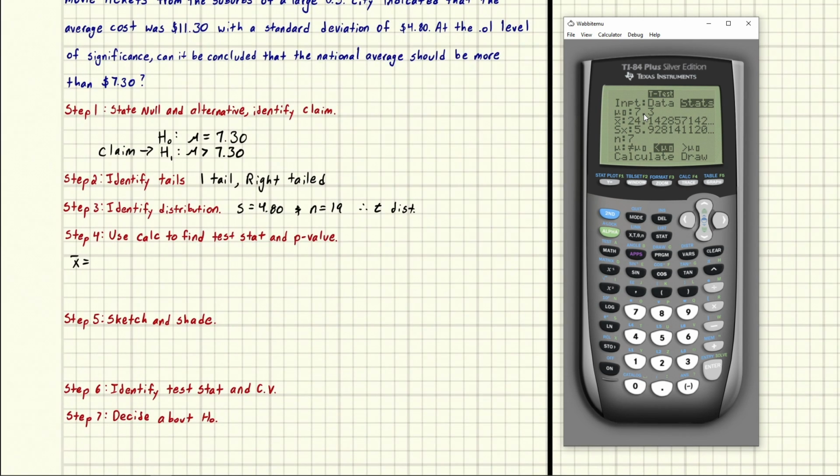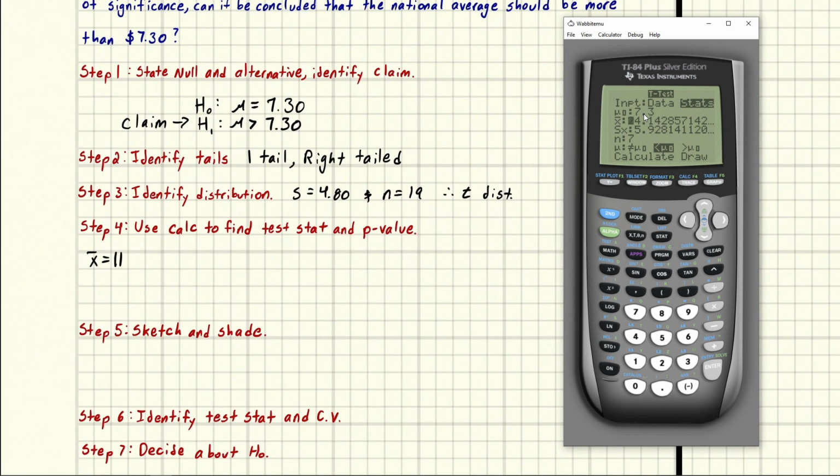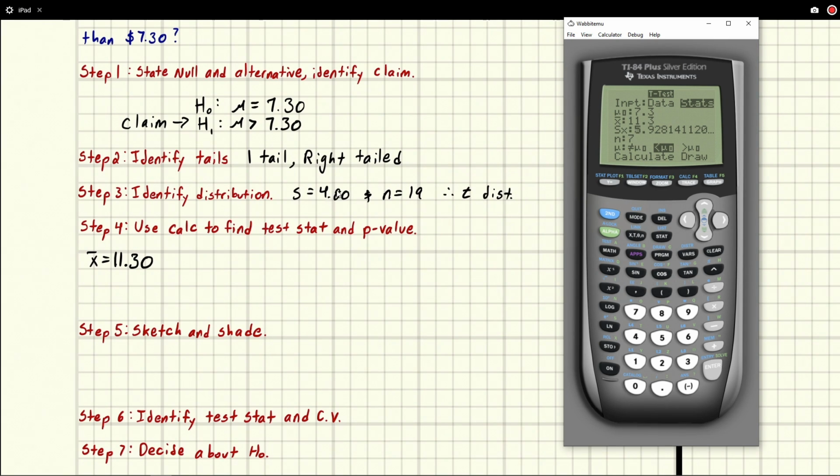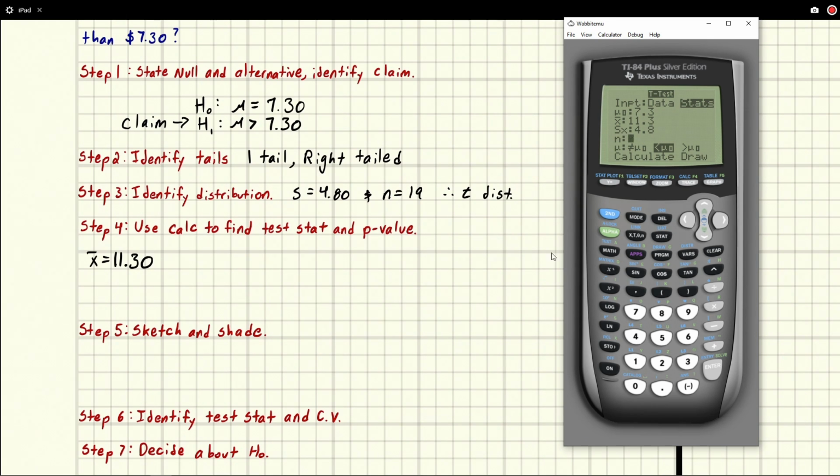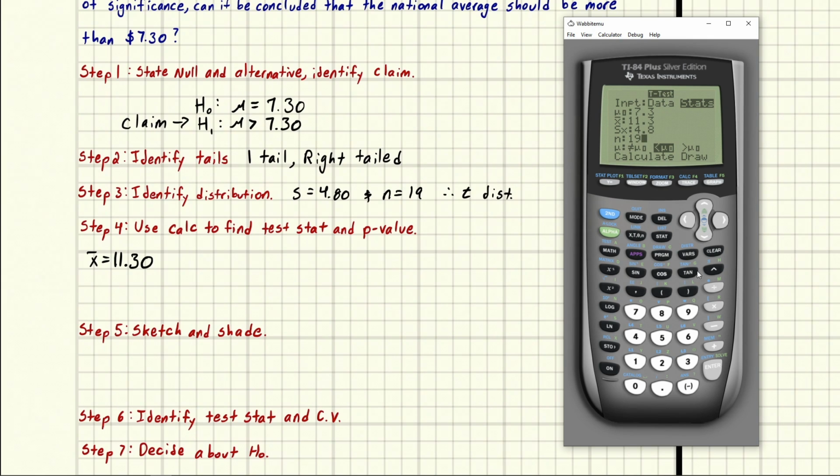So we got a different number for the mean based off of our 19 samples. We got $11.30, so that's what we're going to put here. We're going to put 11.3. Our sample standard deviation came from, again, our 19 people, and that was $4.80, so 4.8. And the number of people we had, well, we had 19 people, so we put 19 in, N.